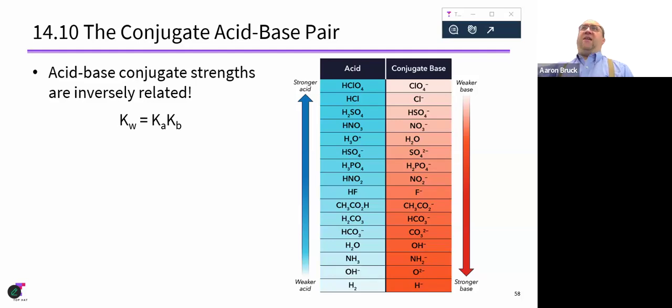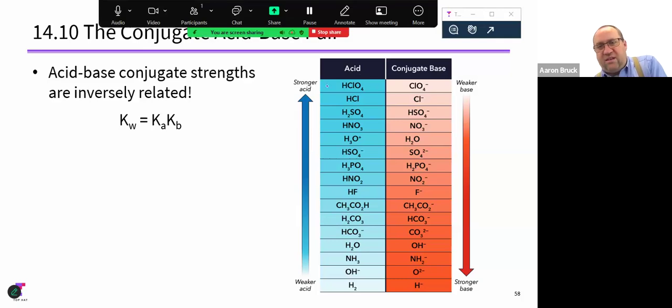The stronger the acid is, the weaker the base is going to be, and vice versa. So when I look at acids that are on the stronger side of the scale, what I'm going to find is that those conjugates are on the weaker side of things.